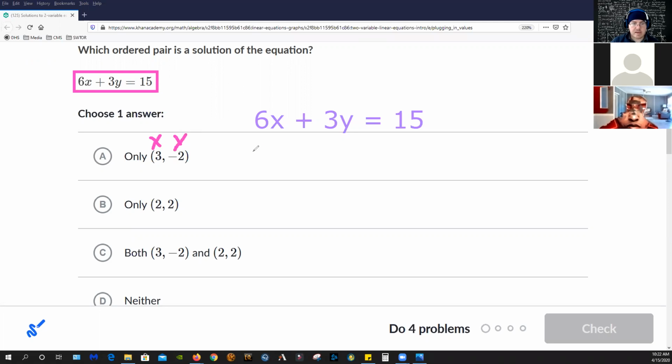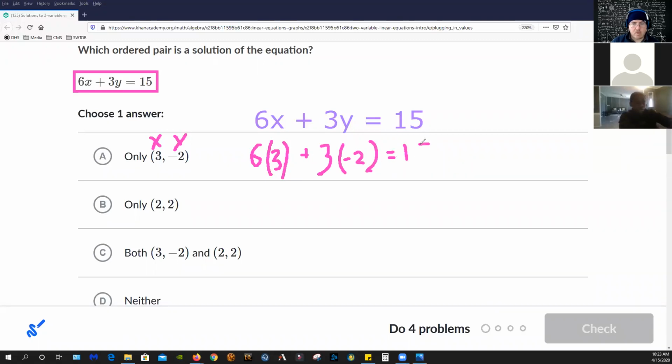So we'll say 6 times the x value, which is 3, plus 3 times the y value, which is negative 2, equals 15.